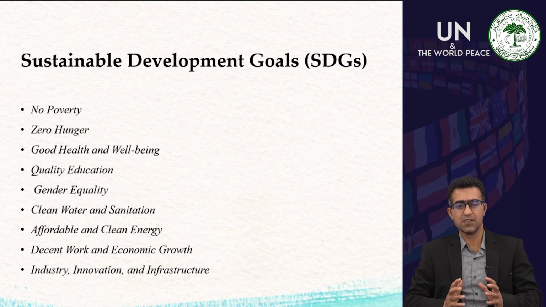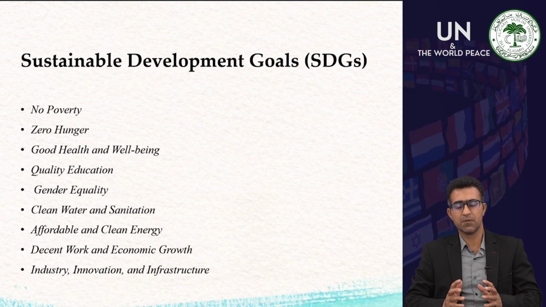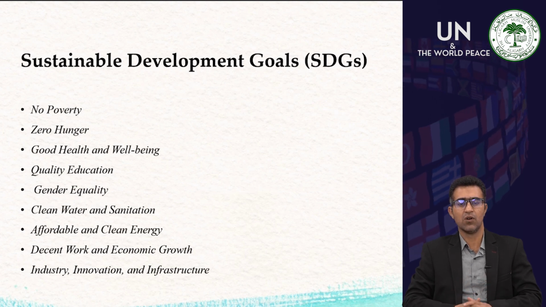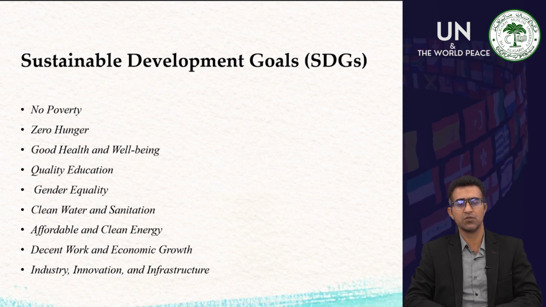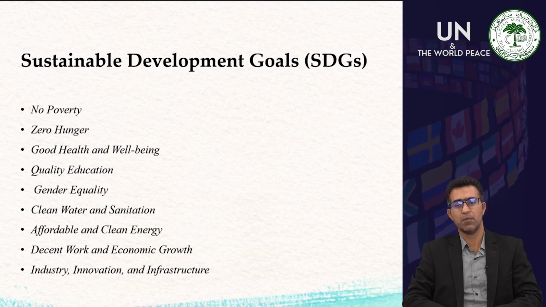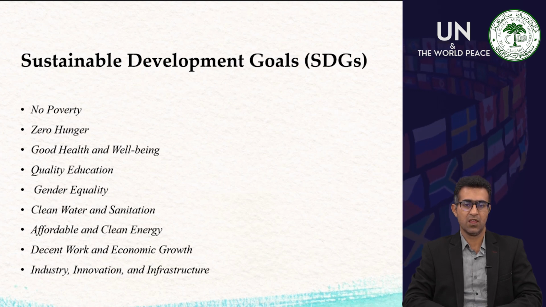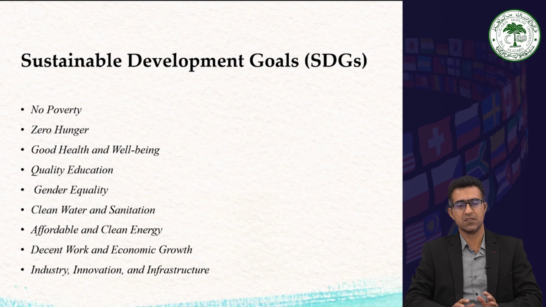So these goals are basically a universal call to end poverty, to protect the environment, and to ensure that all people enjoy peace and prosperity by 2030. Now we will discuss these goals in detail.